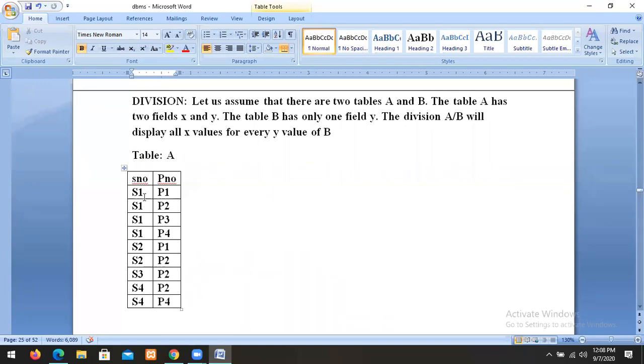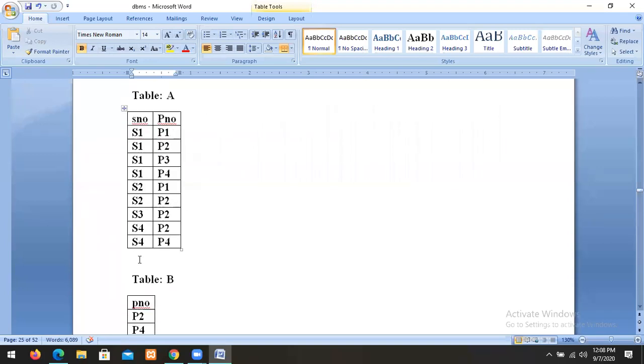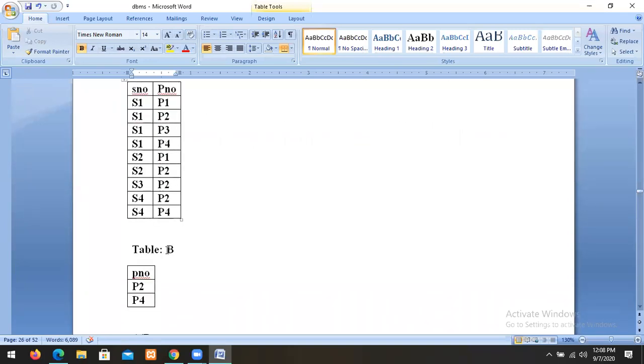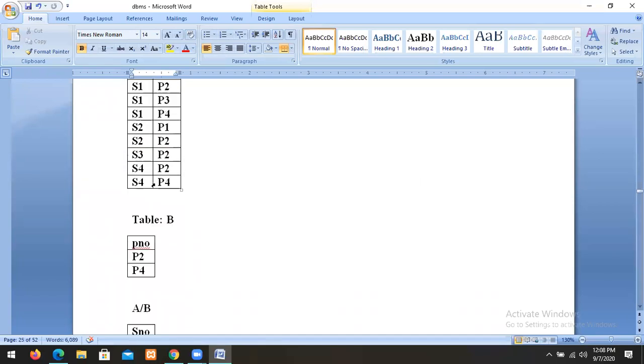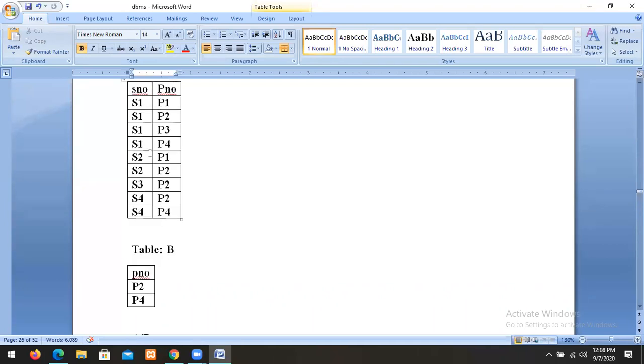So S0, P0, S1, P1, like this is one table. Table 2, another table, is B. This is table A, this is table B, with P2 and P4. So it will display the output which contains the rows P2 and P4. So the division will display the rows which contain P2 and P4.